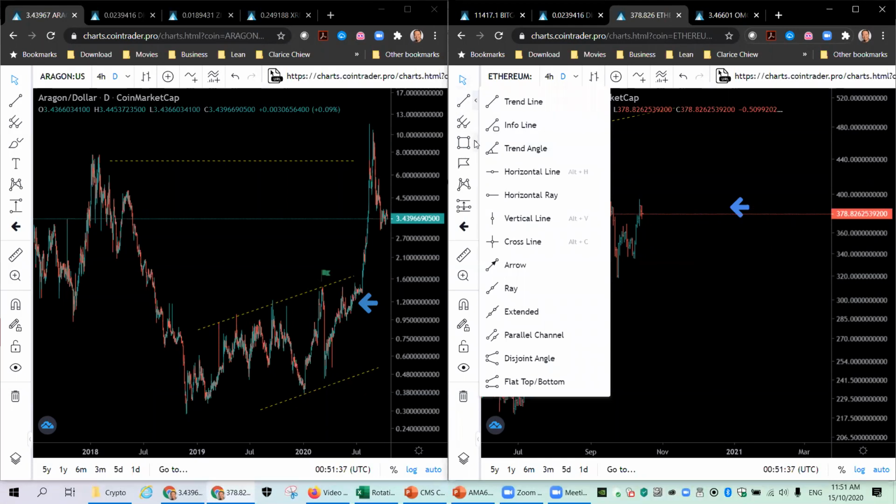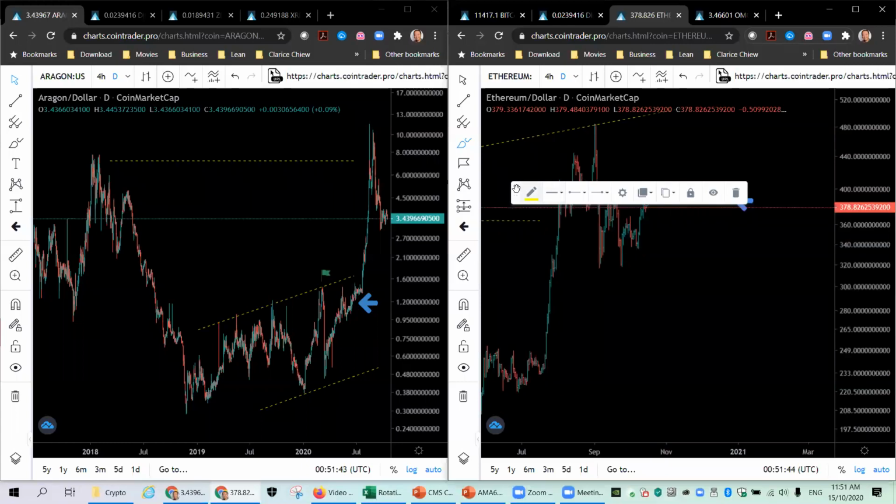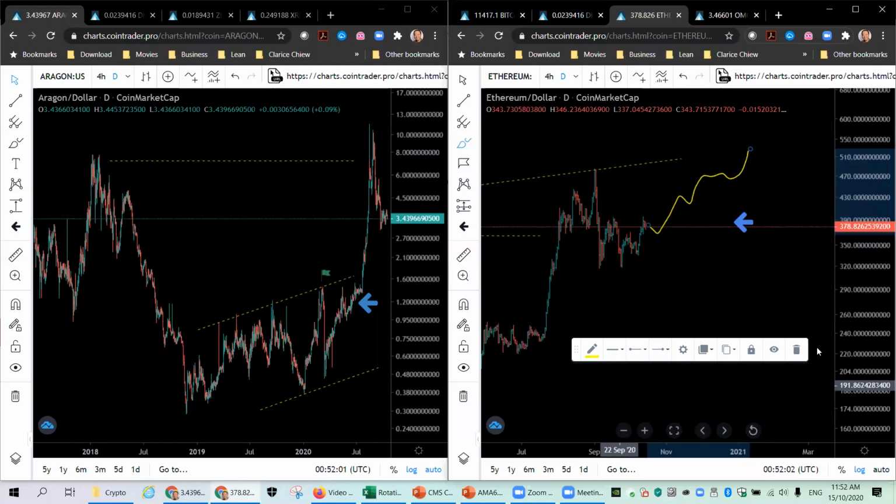So let me just try to get my drawing tools here. Most likely slightly, I'm seeing another correction, maybe. If there is one, there is another small correction. It's going to push up and then do its countdown over here. And then you push up. Gee, I ran out of space.